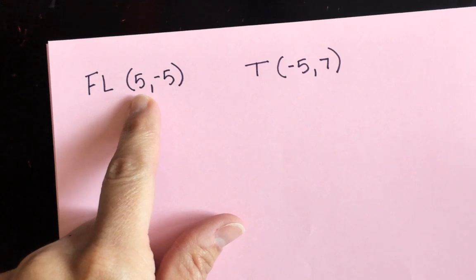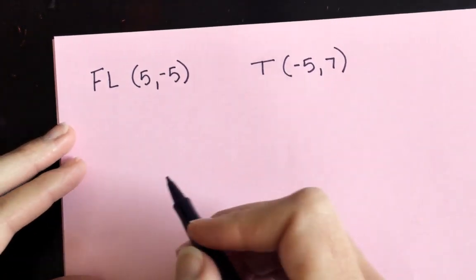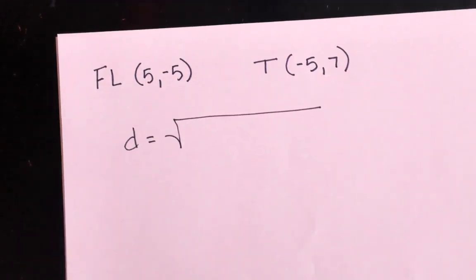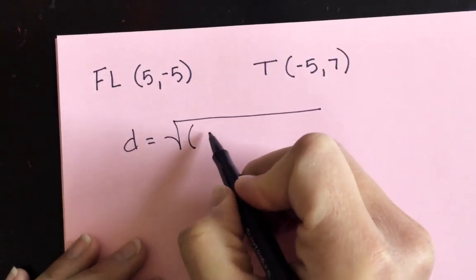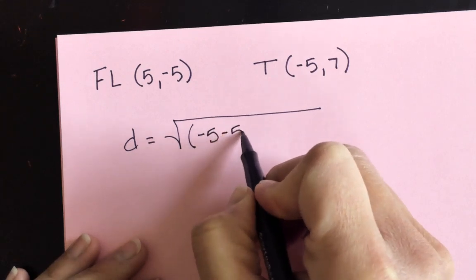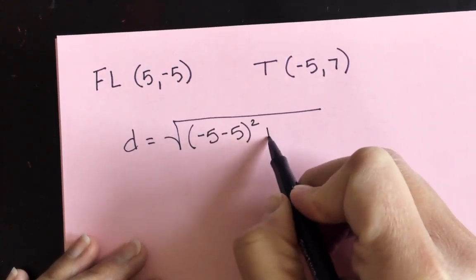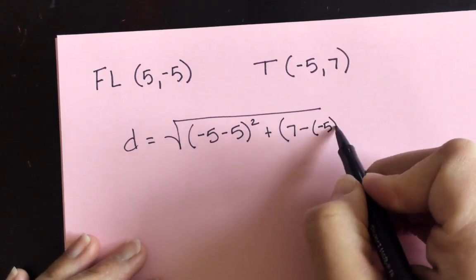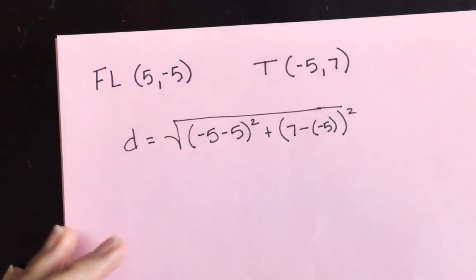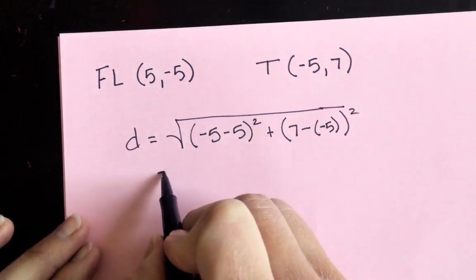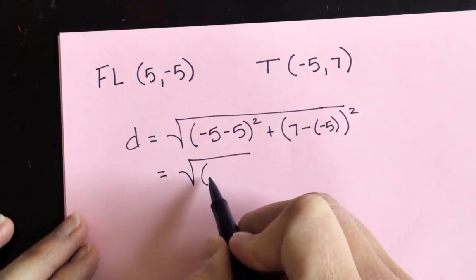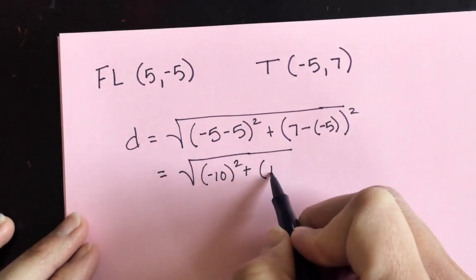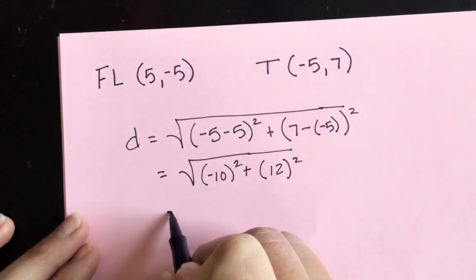Here is where you're just going to use your distance formula and plug those values in. So -5 minus 5, x2 minus x1, and 7 minus -5, which would then be plus. So we end up with (-10) squared plus 12 squared.